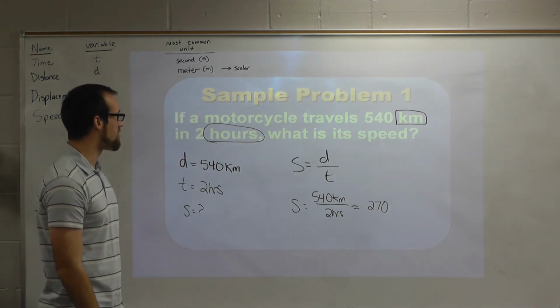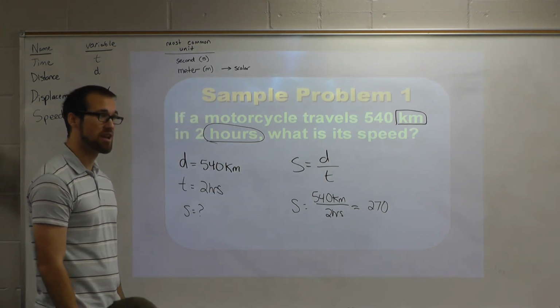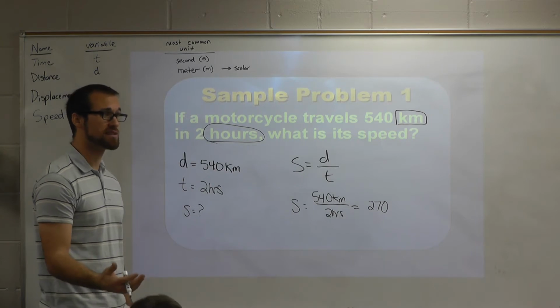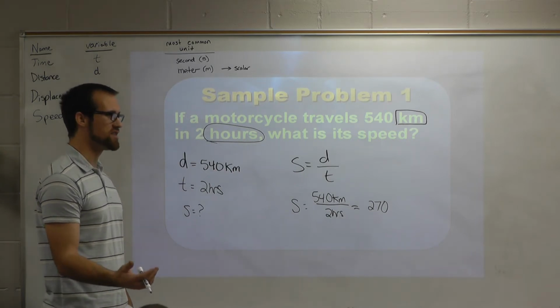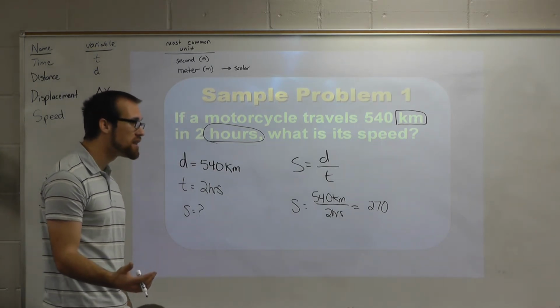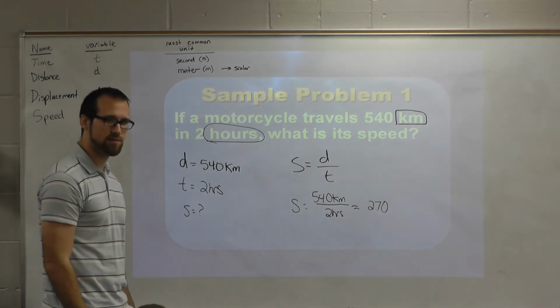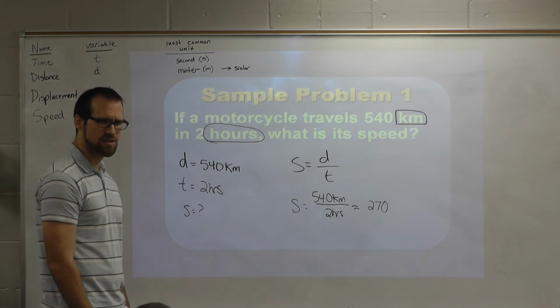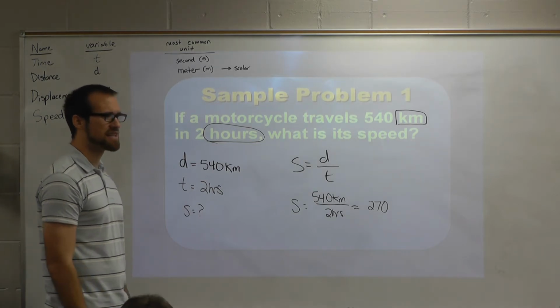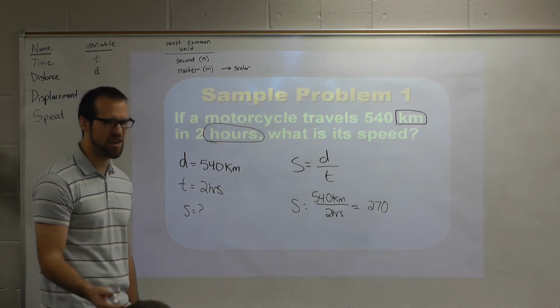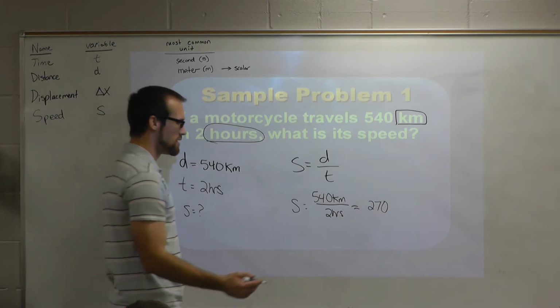I know typically our speed is in meters per second, but we can have different units. Is a meter still a distance or position unit? Yeah. So is a kilometer still a distance and position unit? Yes. And I know we're not using seconds, but is an hour a time unit? Yes. Okay?